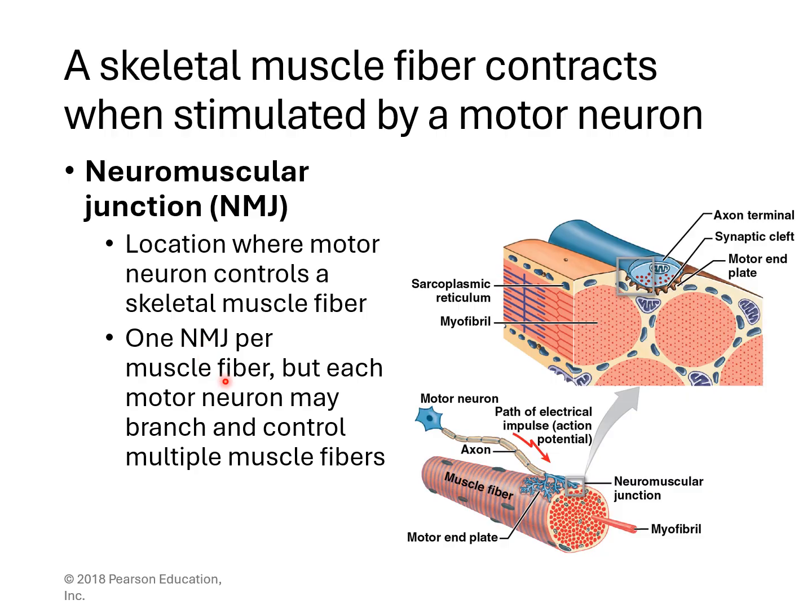But each motor neuron may branch out into multiple muscle fibers, like you can see here. This goes back to what we already talked about: one motor neuron can have many, many muscle fibers, up to 1,000, or just a couple, like in your eyes, hands, and face, where you need fine-tuning control. It does that by how many synaptic knobs it has and how many fibers it can control.